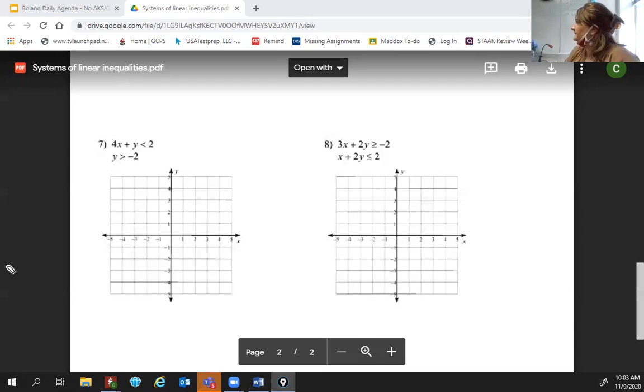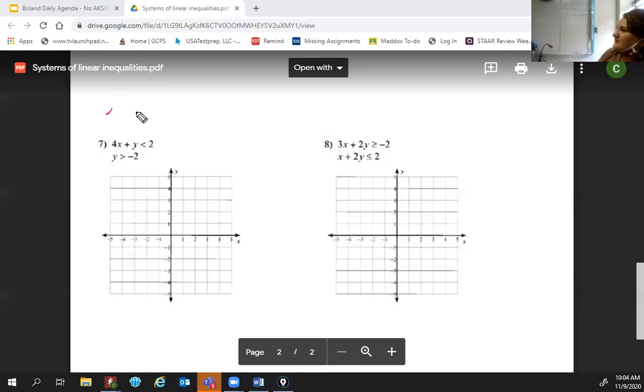Okay, you guys ready? All right, what's wrong with number 7? What should I do first? Anytime I have a graph, you're supposed to get the y by itself, right? Is the y alone? No, there's a 4x. So we have the 2 rules: add or subtract the x, then divide by whatever's in front of y, right? So are we adding or subtracting the x?